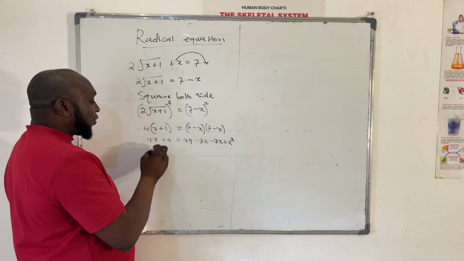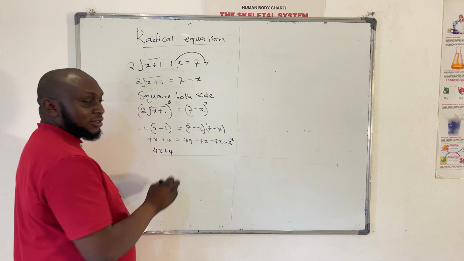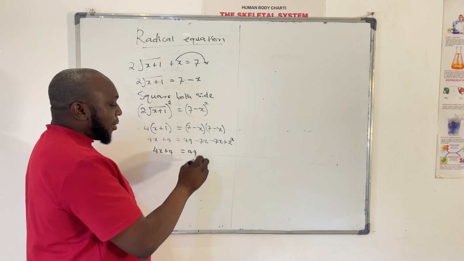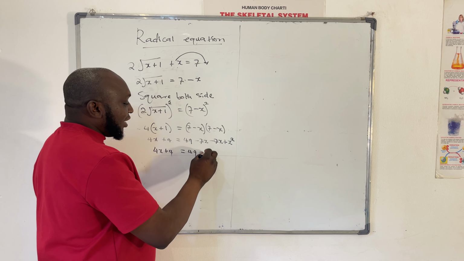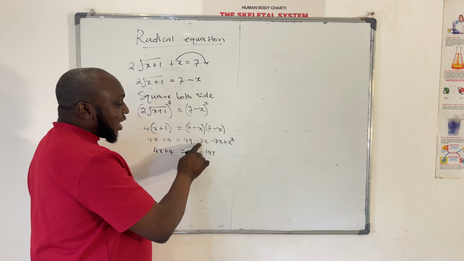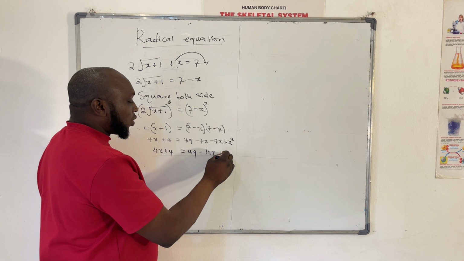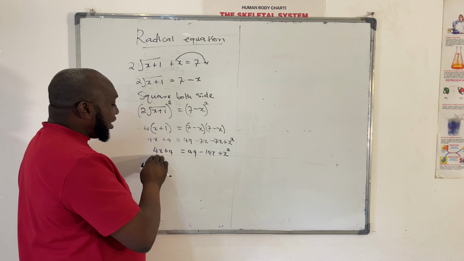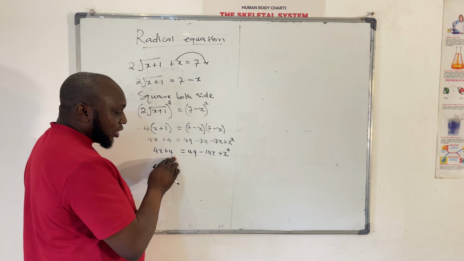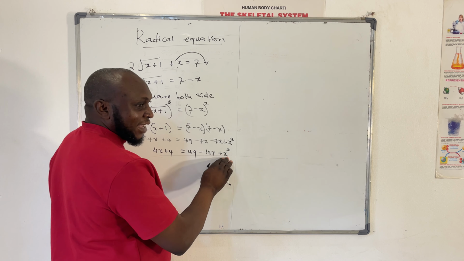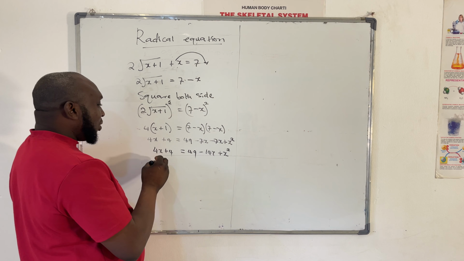Rearrange this, we have 4s plus 4 equal to 49 minus 14s plus s squared.